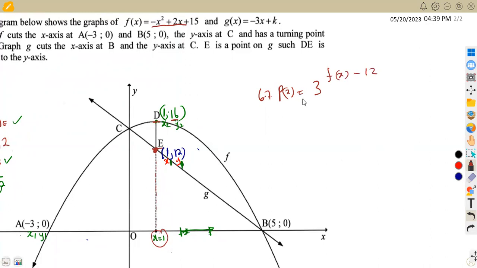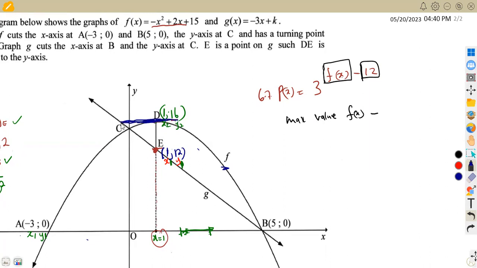Here we have f(x), which represents the value of y, and this minus 12 is also affecting the value of y. So before, the maximum value for f(x), on our original f(x), is at the turning point.